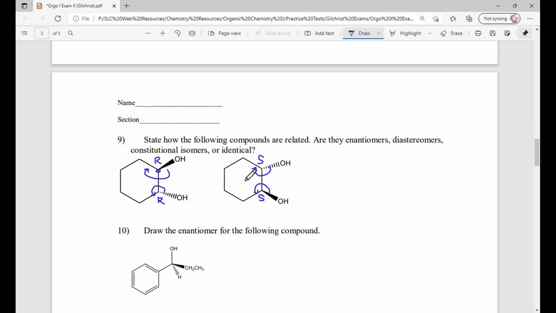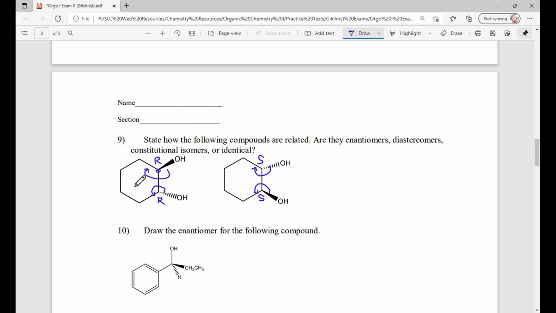Another way you could test it, if you're good at manipulating things in 3D in your mind, is to flip that second object over like a pancake. The top dash group would be wedged and the bottom would be dashed, and they would be perfect mirror images of one another.